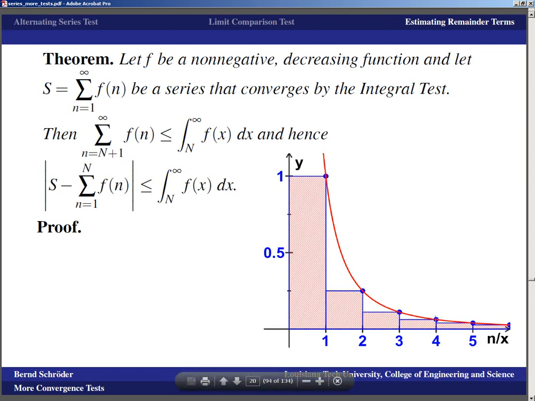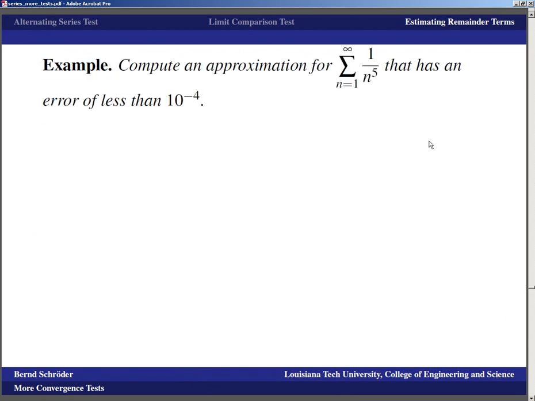And if I sum from 4 to infinity in the series, then I actually pick up this rectangle here, which means I also pick up something that has to be estimated by the integral starting at 3, which is why the sum from N plus 1 to infinity of f of n is bounded by the integral of f of x starting at N. So that is the rough idea behind this estimate.